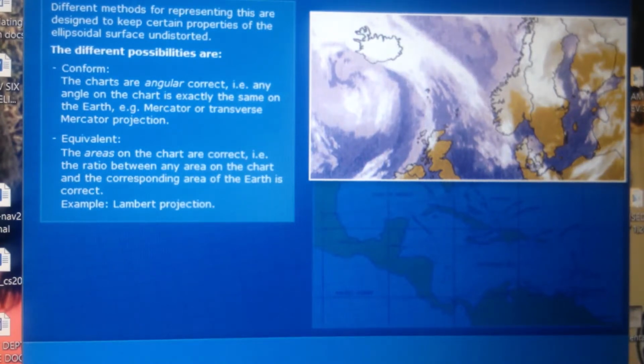The areas on the chart are correct, that is, the ratio between any area on the chart and the corresponding area of the Earth is correct. Charts used at sea for navigation are normally made in Mercator or transverse Mercator projections. On a Mercator chart, a straight line between 2 points represents the course between the points.